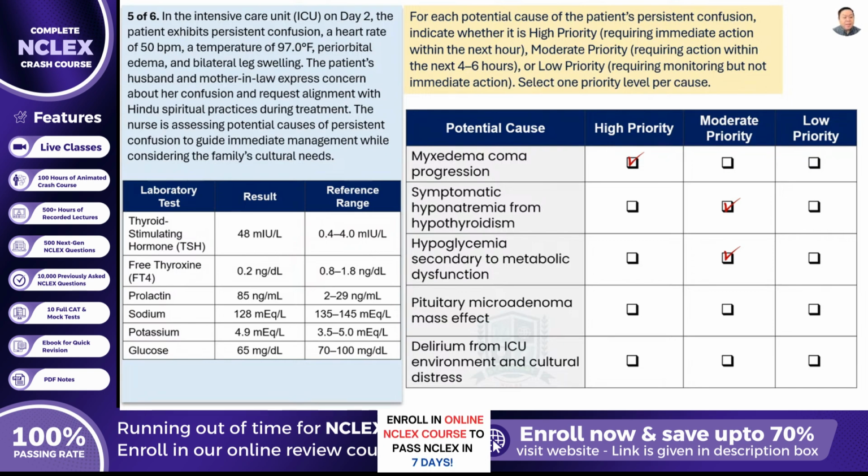All right. Now, moving into the pituitary microadenoma mass effect. What do you think about this one? This is also important, but at the moment it is a low priority. The size is 5 millimeters. It's a pituitary microadenoma.